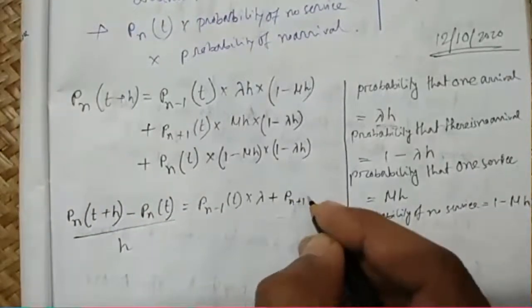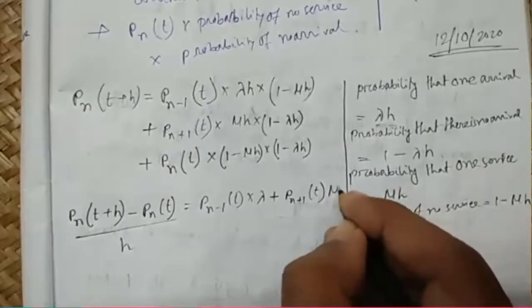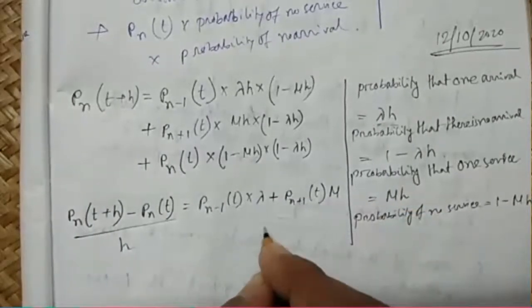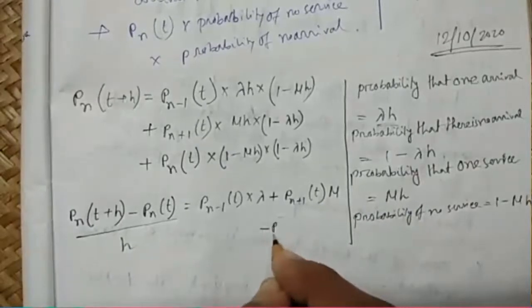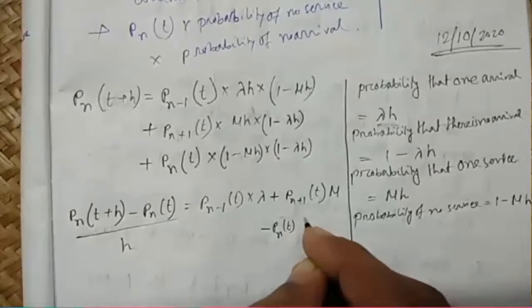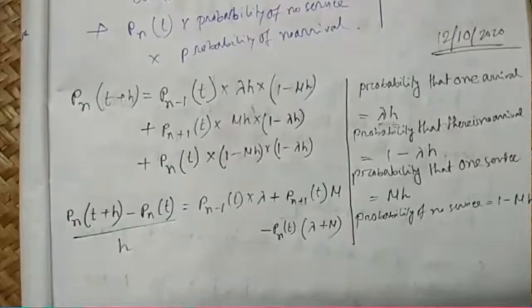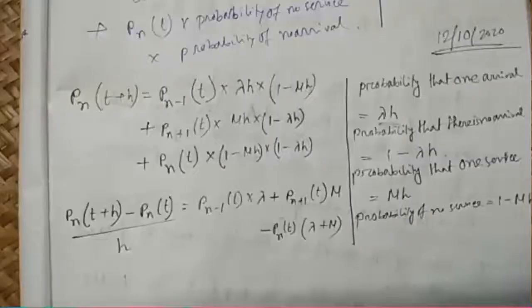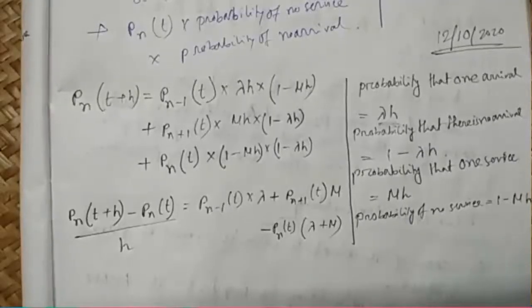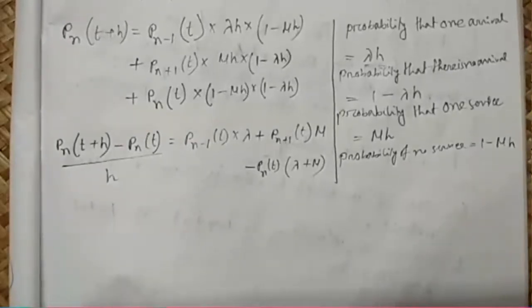Plus P n plus 1 at time t into mu, minus Pn at time t into lambda plus mu. Okay, on simplification this is what I get.